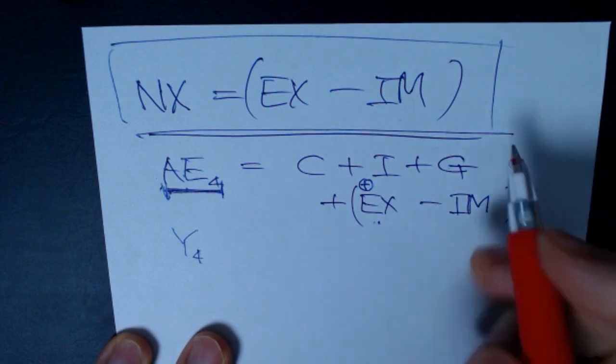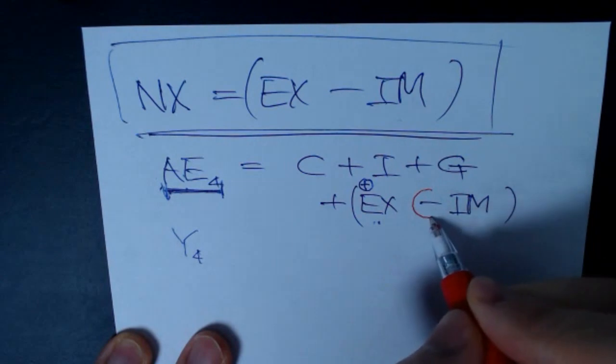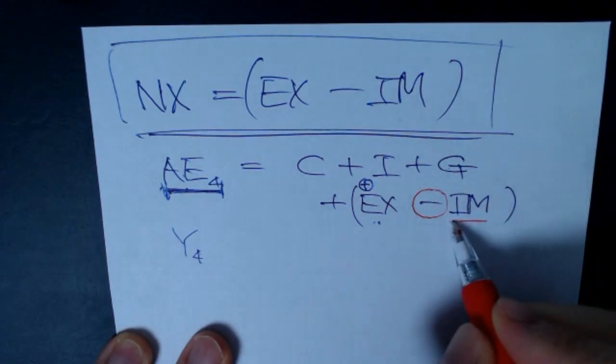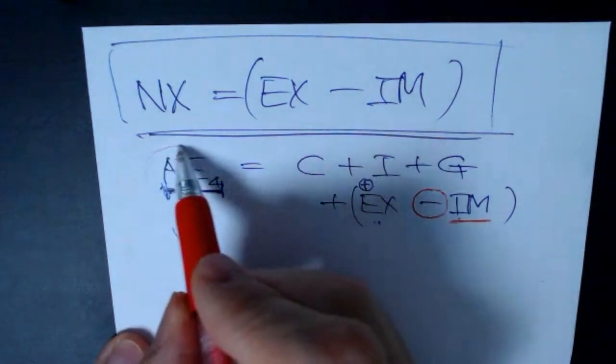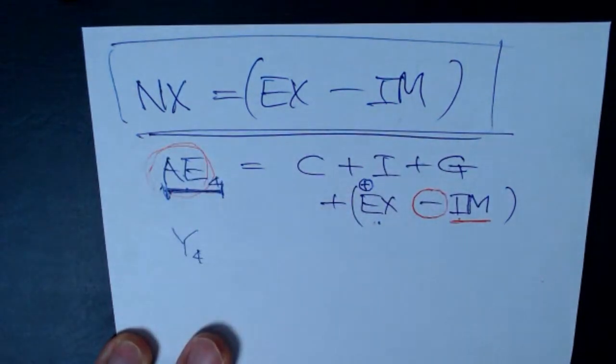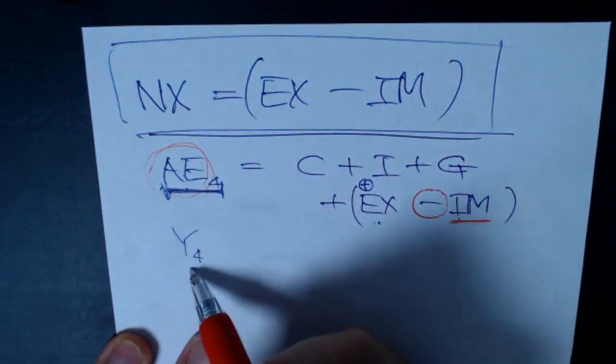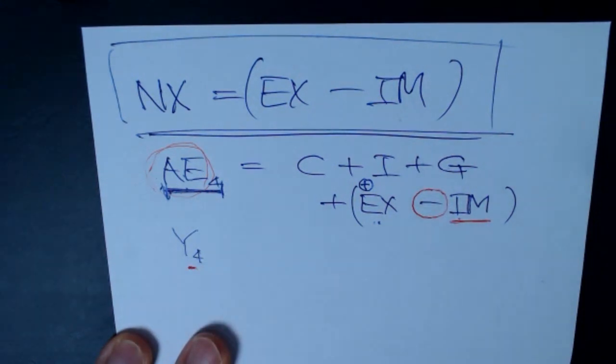But at the same time, we have a negative sign. The more Vietnamese import from foreign countries, the more aggregate expenditure decreases, so national output also decreases.